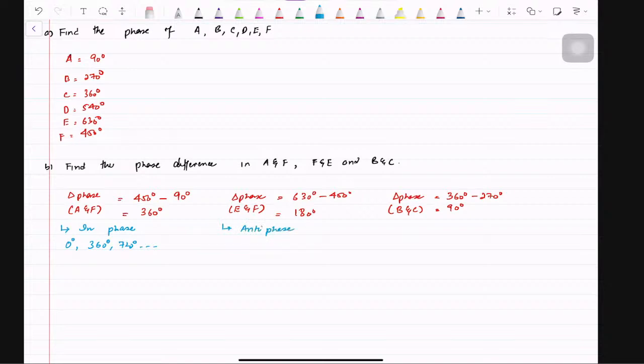So it is the multiples of 180, and then 540 and then 900 and so on. Keep on adding 360. And any other angle than 180 or 360 multiples, you can say it's out of phase. So it could be any other angle.